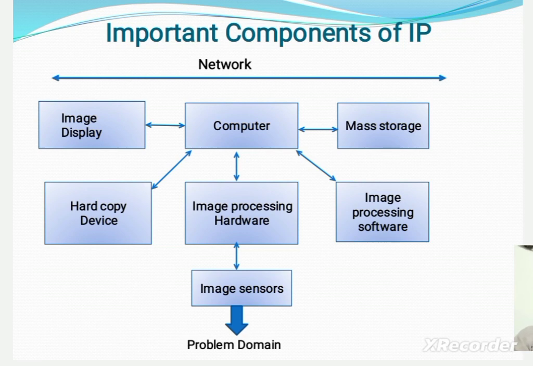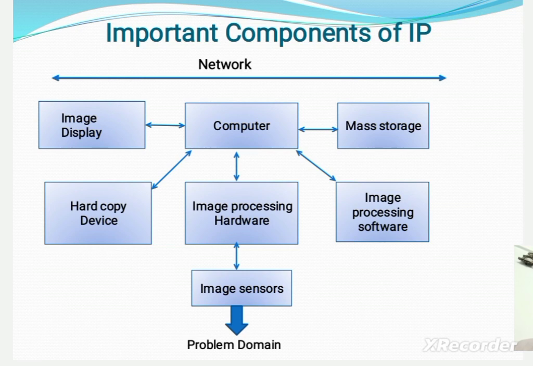Now the second component is the image processing hardware. Image processing hardware is the dedicated hardware that is used to process the instructions obtained from the image sensors. It passes the result to the general purpose computer. The diagram shows the flow. First of all, we have the image sensor, which will sense the image and provide the image to the image processing hardware.